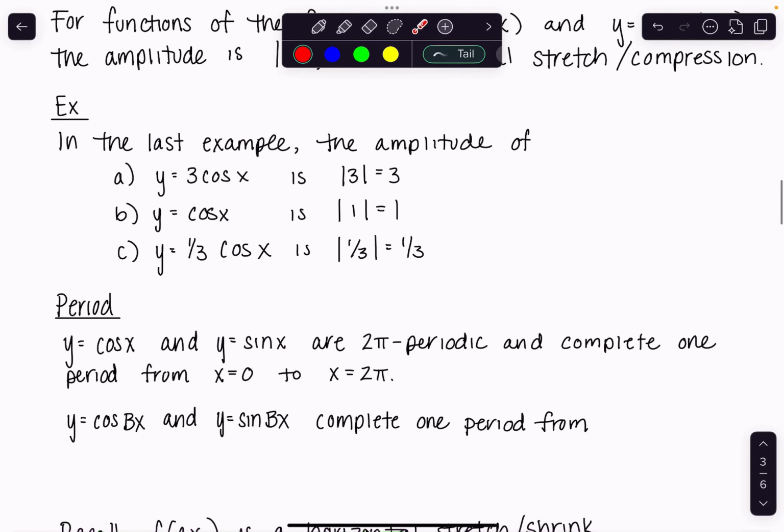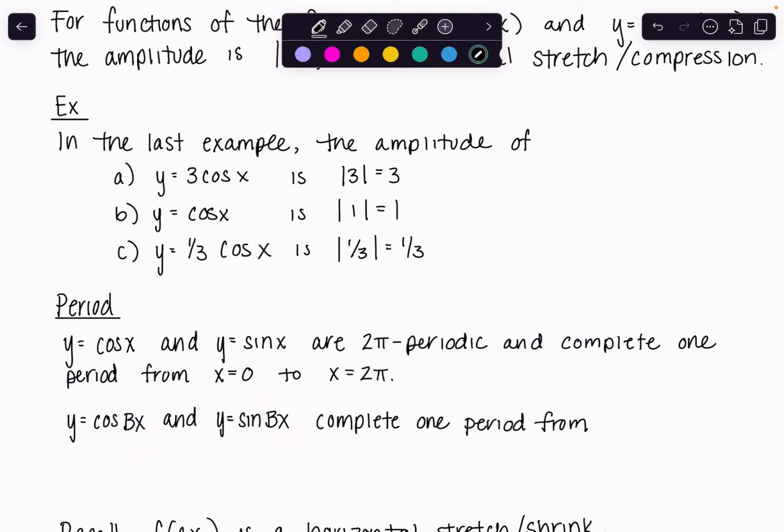So this is going to impact our period. y equals cosine of x and y equals sine of x are 2 pi periodic, and they go 1 revolution around the unit circle when the inside is 0 and when the inside is 2 pi. So if I now multiply the inside by a constant, it's going to affect how quickly I move around the unit circle.